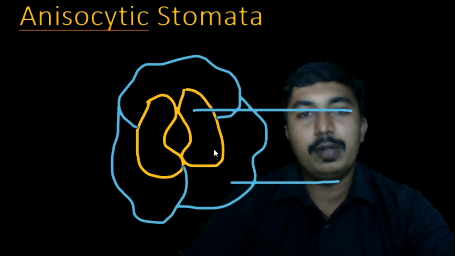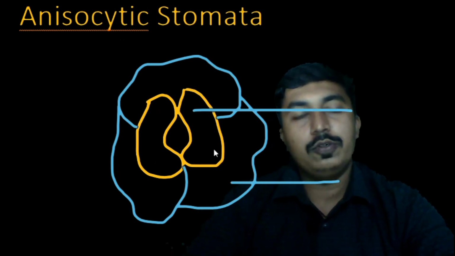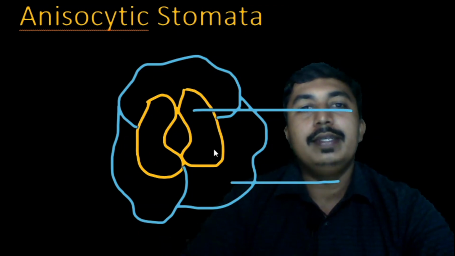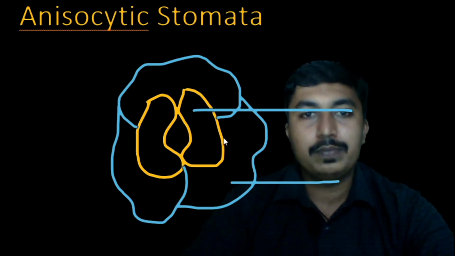Most important thing as per your competitive examinations: this anisocytic stomata is also known as a cruciferous stomata, and it is found in plants containing the indole type of alkaloids, that is vinca.